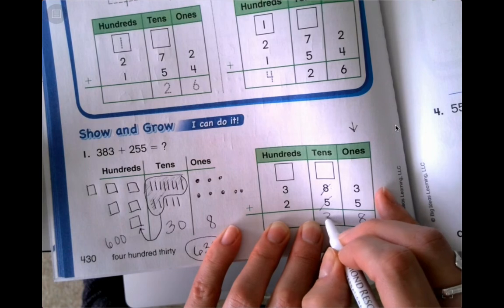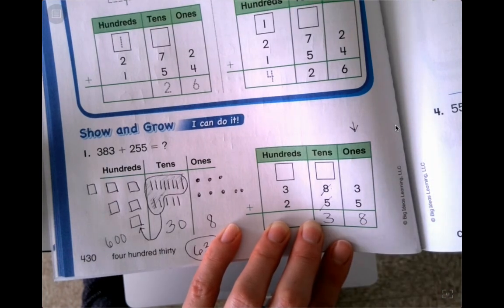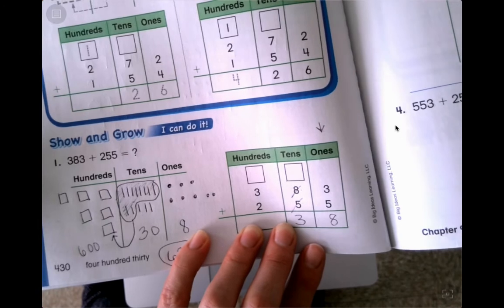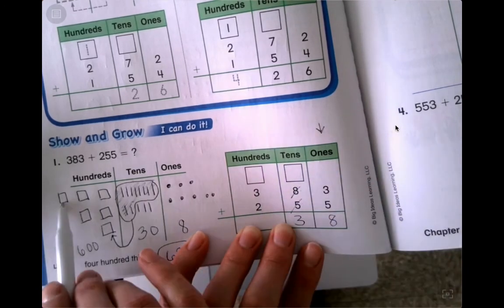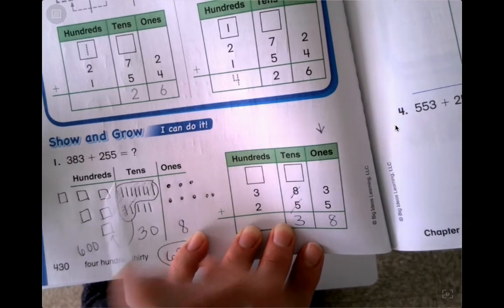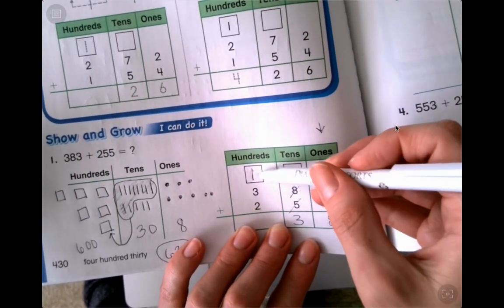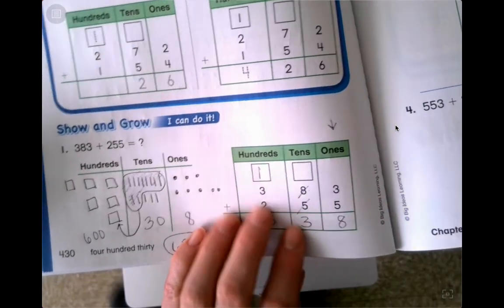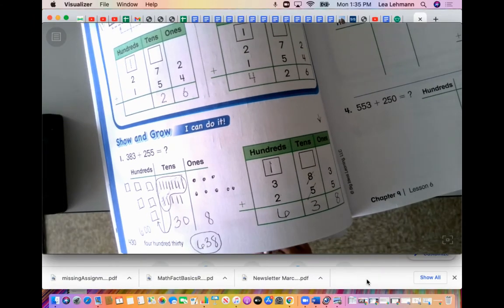So I have my 3 left. Not sure exactly what they want you to put up there. And then the 3 and the 2. Do I have 3 and 2 anymore? I have 1 more. So I have 1 and 3 and 2, which is 6. Now let me just check my answers to make sure if they want us to put anything up in the other box.